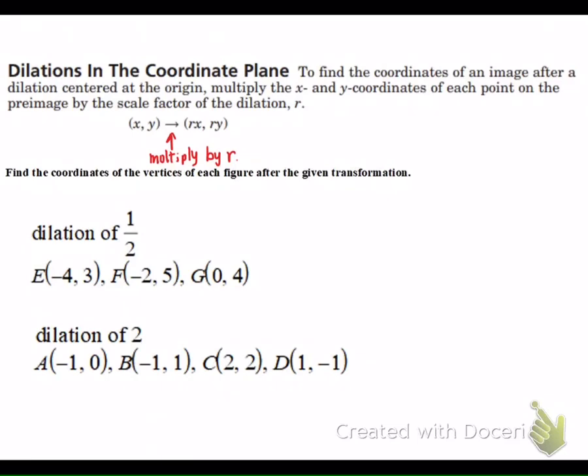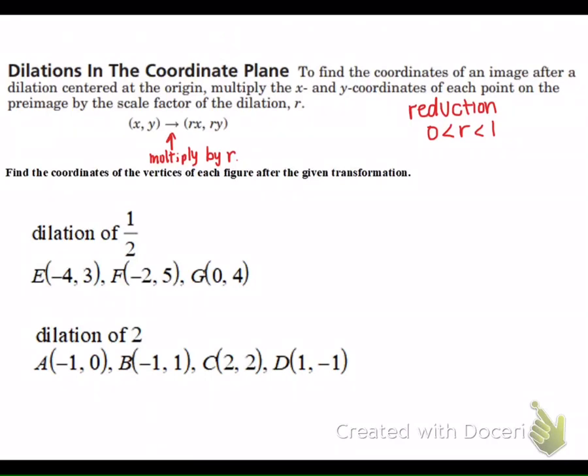Okay. Now, what we want to be able to see here is we got to be able to determine two things. Before we continue, I want you guys to write this down as well. We got to look at these transformations as the following. It is a reduction if your r value is between 0 and 1. Not equal to, it cannot be 0 or 1, but can be between them.